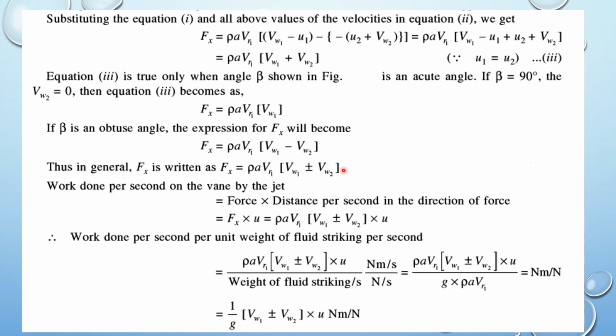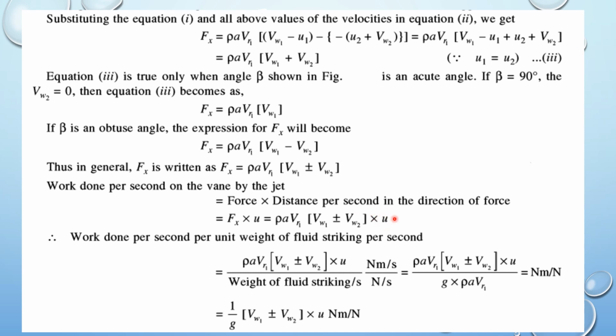Depending upon whether beta is an acute angle, an obtuse angle or 90 degree, you can choose the appropriate expression. Now again, work done is written here, which is force into the distance in the direction of motion.